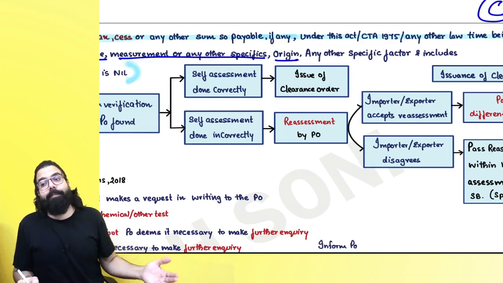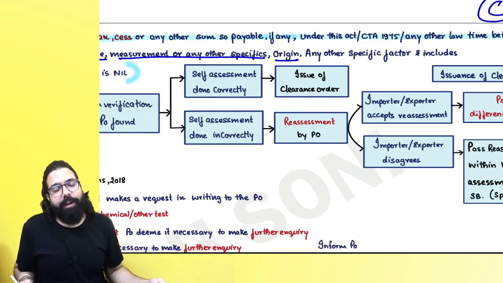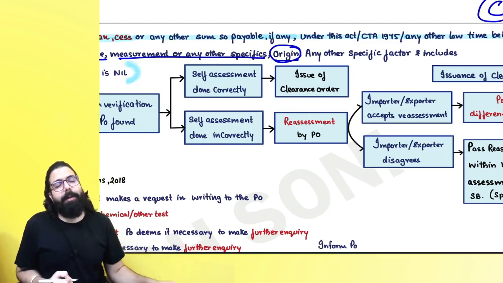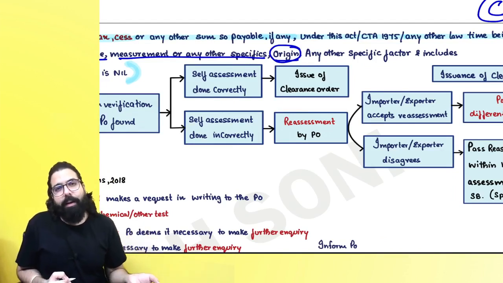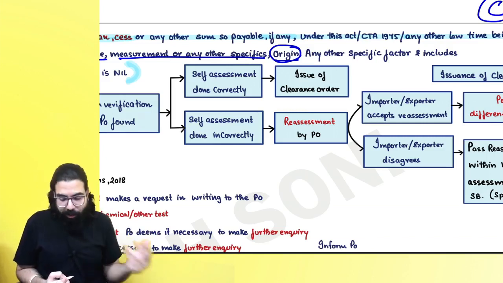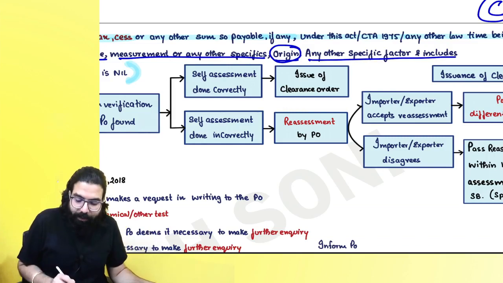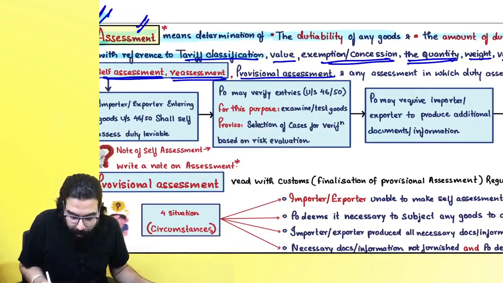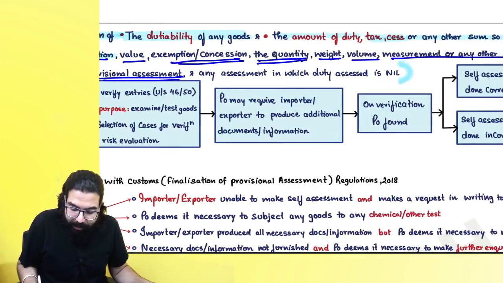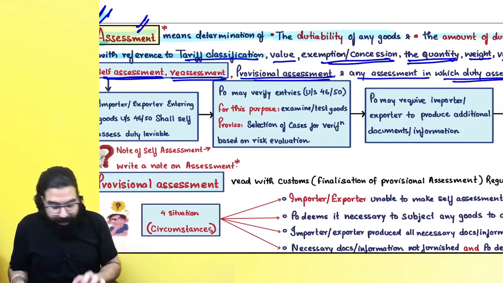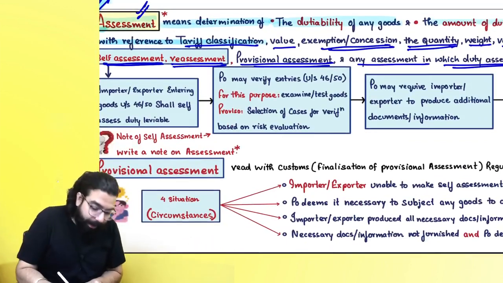If it's a preferential nation, in the case of a preferential country you will get a preferential rate of duty, so origin also has to be seen. Any other specific factor, and it includes self-assessment, reassessment, provisional assessment, and any other assessment in which the duty assessed is nil. That is also included in assessment.